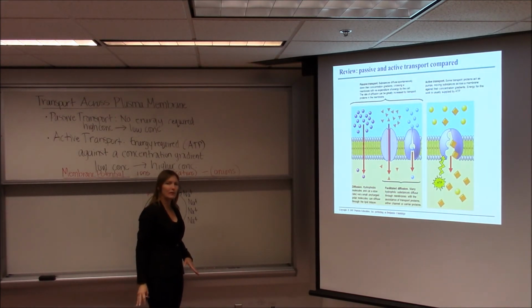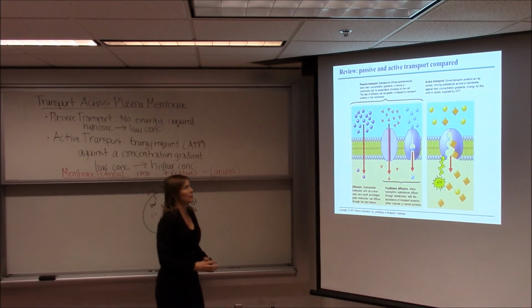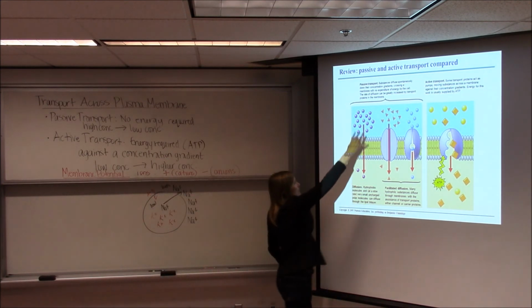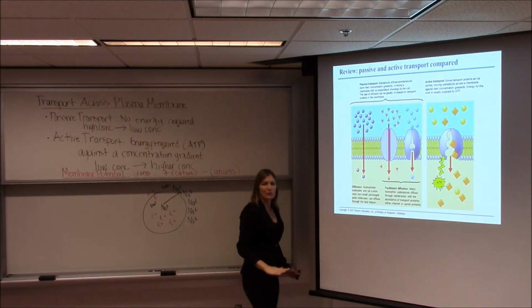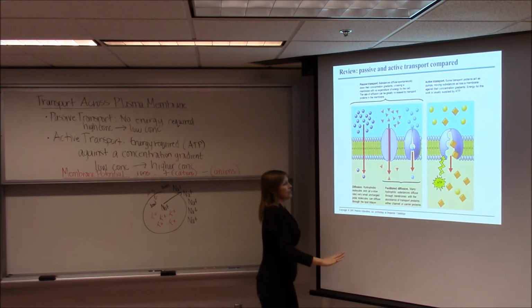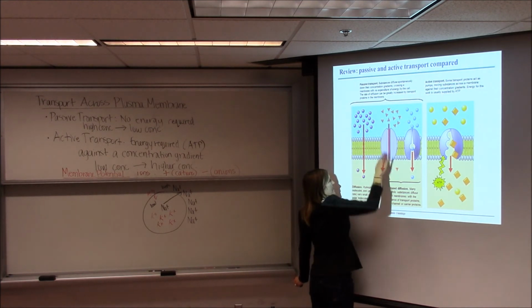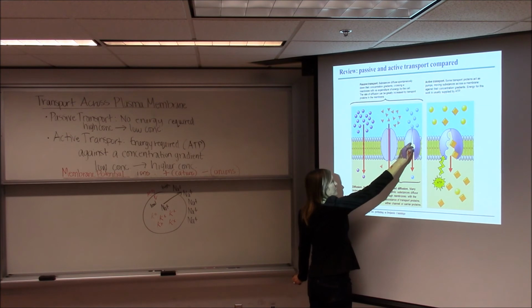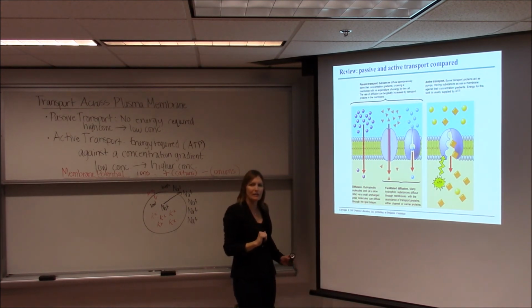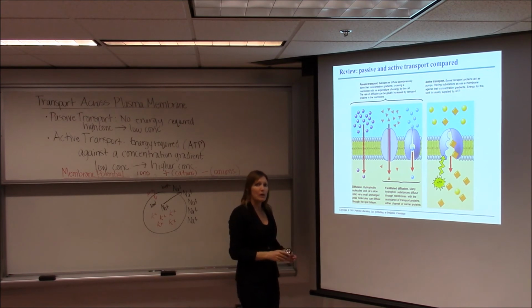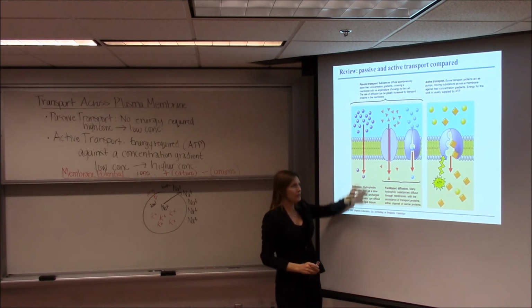So just a quick review of the two categories, active versus passive transport. Remember, passive transport involves just simple diffusion, high to low. It's not going to require any energy. Facilitated diffusion is high to low also, but we either have a channel protein or a carrier protein because we're talking about molecules that can't just move across that phospholipid bilayer, in part because of these hydrophobic tails.